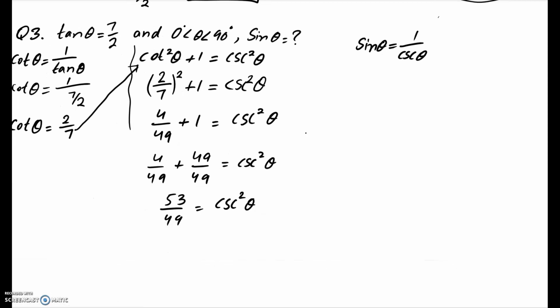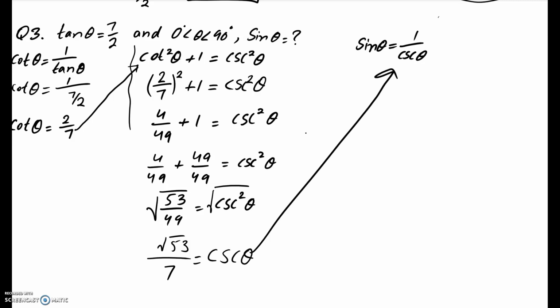To take the square root, it's going to be square root of 53, and the square root of 49 is only 7. We got the cosecant theta value. Now you substitute here, and sine theta equals 1 over cosecant theta, which is 1 over square root 53 over 7.